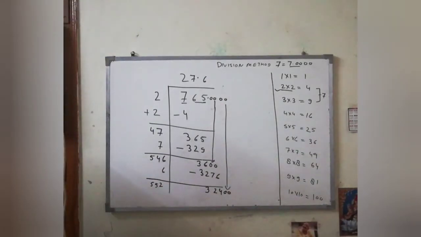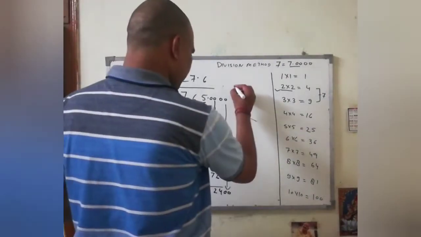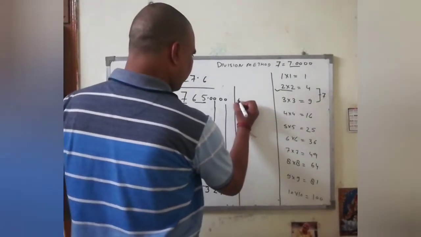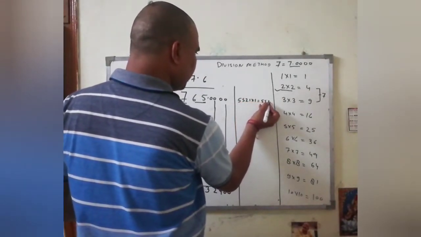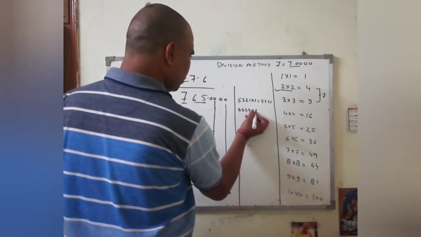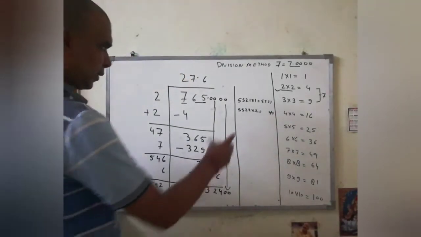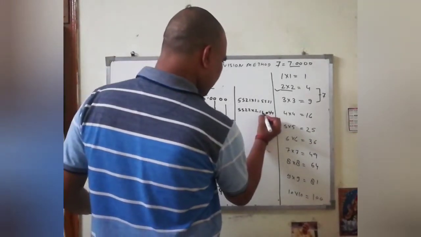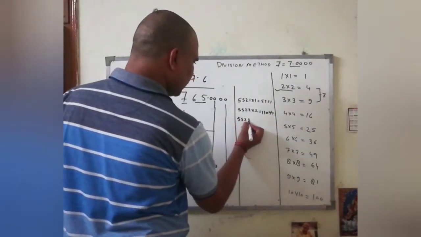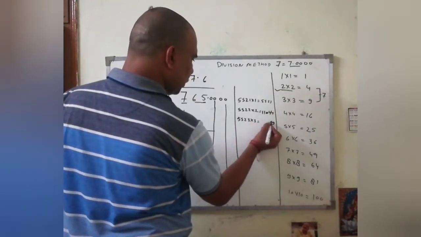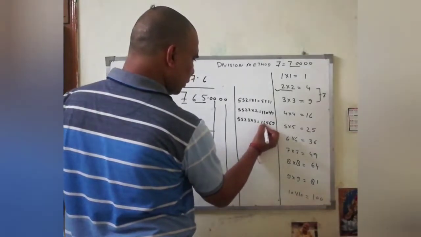552 32400. I think it's 4 or 5. And you can check it. 5521 into 1, 5521, 5522 into 2. It is less. 11,044. 5523 into 3. 16569.